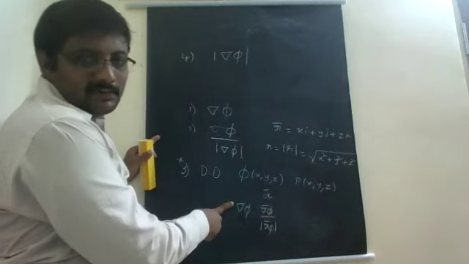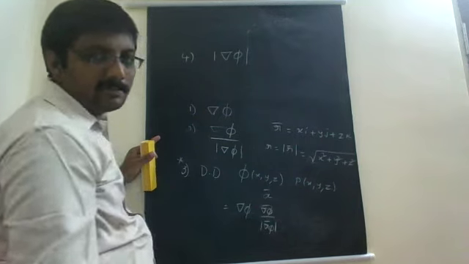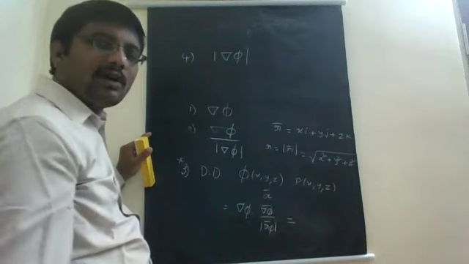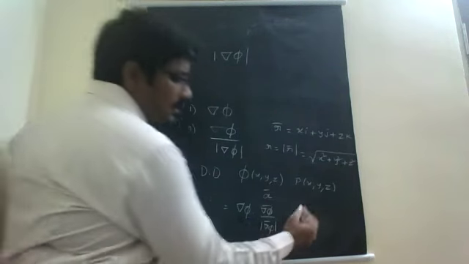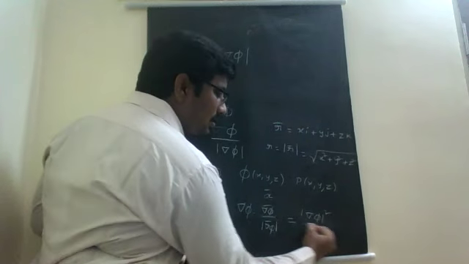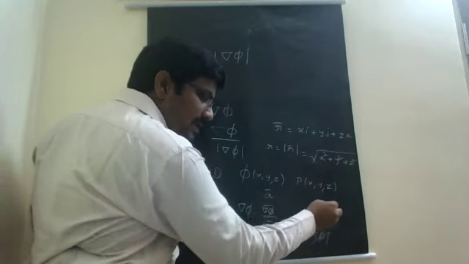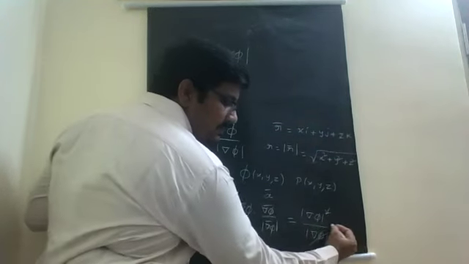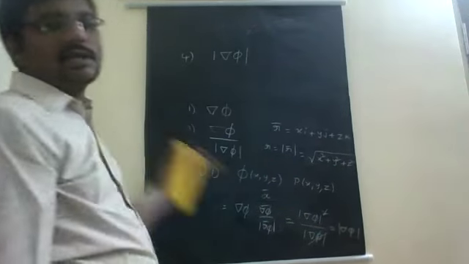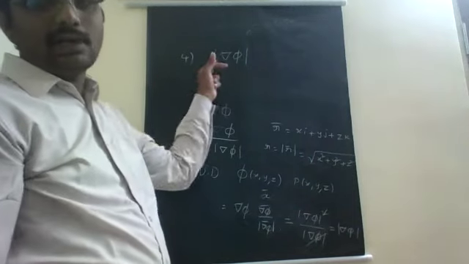So we will get del phi dot del phi bar whole by modulus of del phi bar. We know a bar dot a bar is modulus of a bar square. So that is modulus of del phi square whole upon modulus of del phi. Clearly one modulus of del phi gets cancelled, so we will get modulus of del phi. It is known as the maximum directional derivative. So the maximum directional derivative is modulus of del phi.